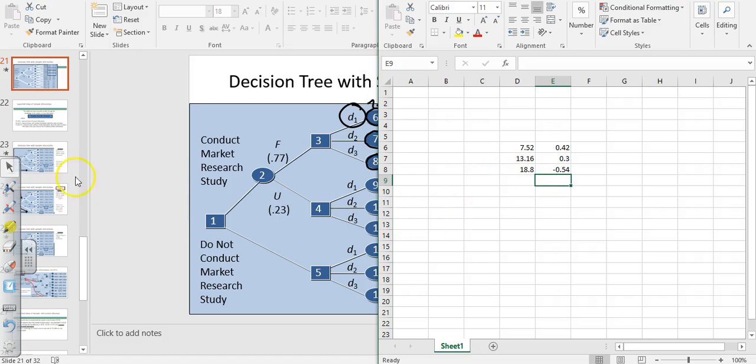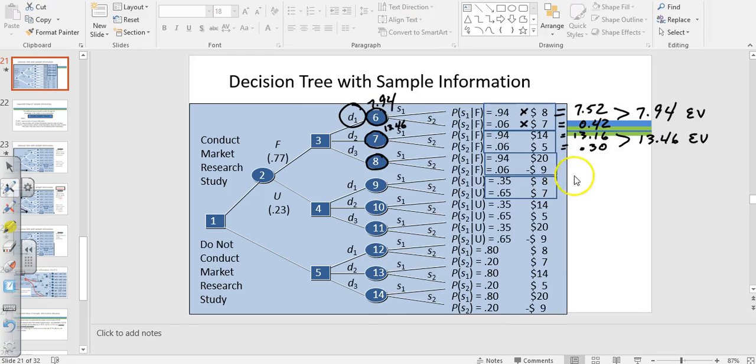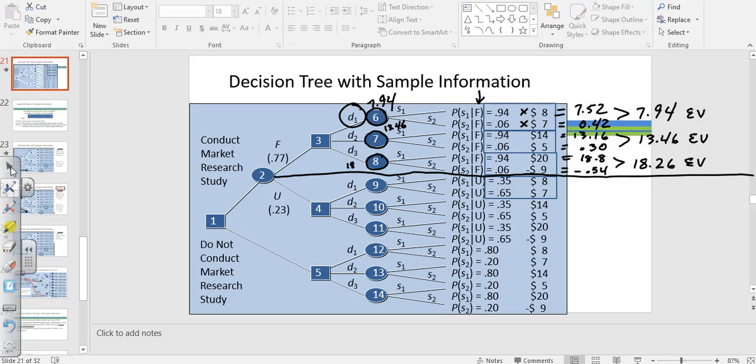So we have 18.8 and negative 0.54. Put that together, we have 18.26. And again, remember, this is all given a favorable report. Given favorable. And this is 18.26.